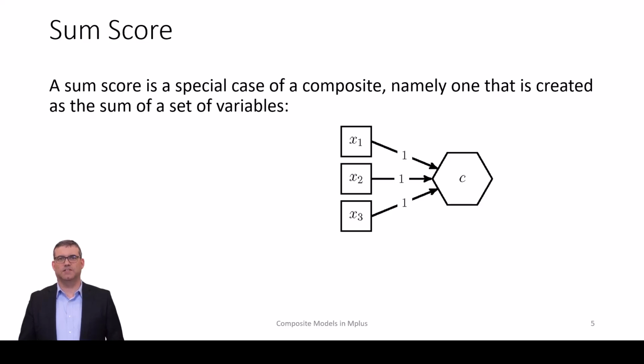The sum score is a special case of a composite, namely one that is created as the sum of a set of variables. So when we look at the graphical representation, we see that all weights are essentially fixed to the value of 1. Sum scores are very popular in social sciences. They have been classically a workhorse in psychometrics, and authors like Nunnally regard them as one of the most important psychometric means.